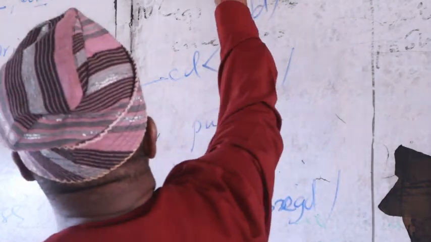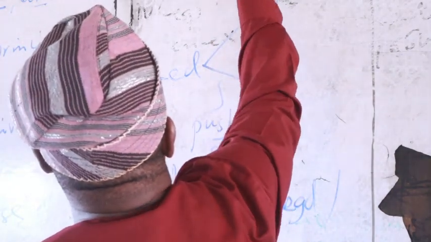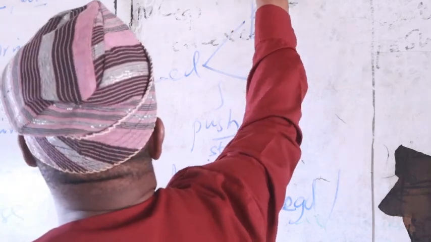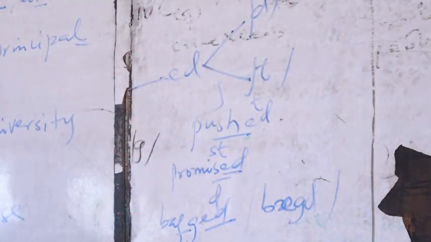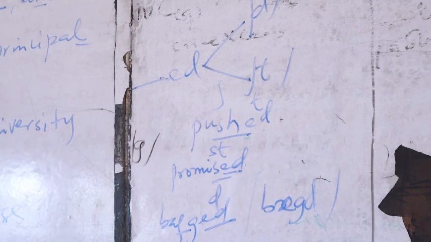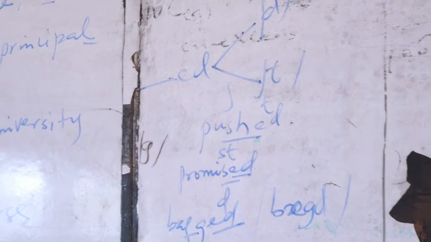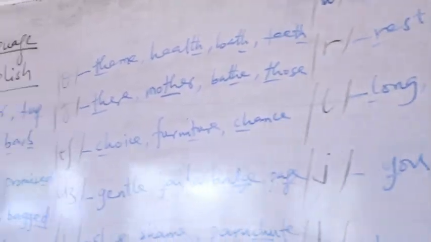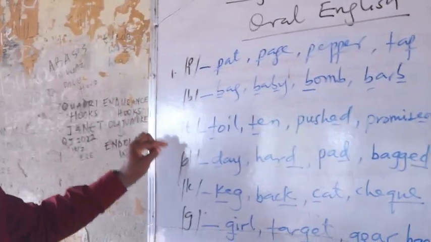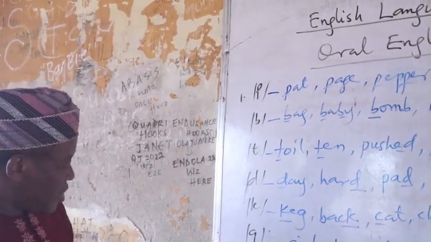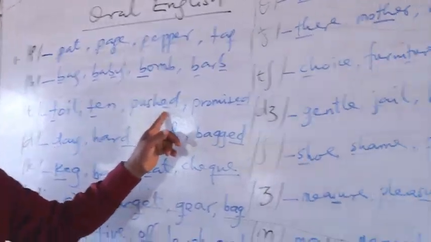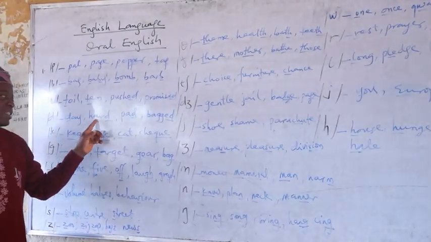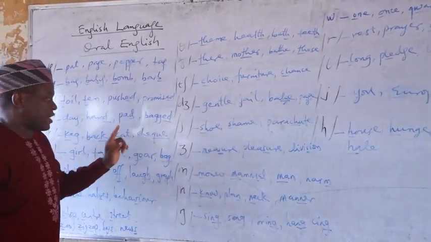Well, in the case of laugh, F is voiceless. ED therefore is what? I laughed at him. Okay? So ED here is clear to you now. Yes, sir. Promised. D, day, hard, pad, bath.